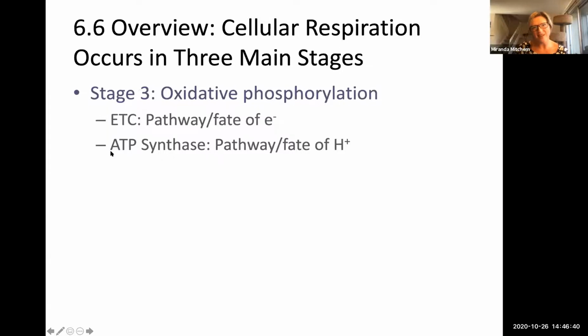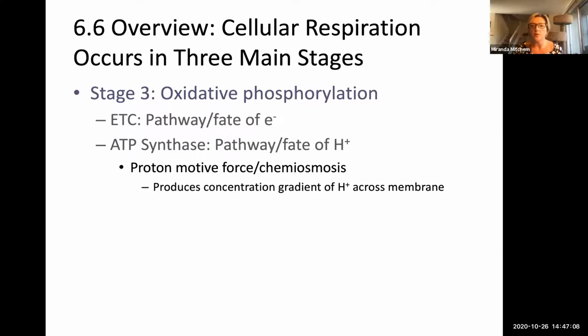Well, let's just take a minute and look at that word, please. The ASE ending tells us it's an enzyme that is synthesizing ATP. So ATP synthase is an enzyme, a pathway to make ATP. And it does it by pumping the protons through.